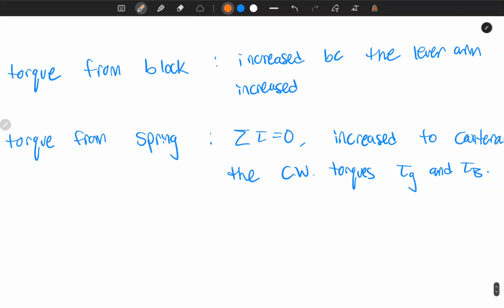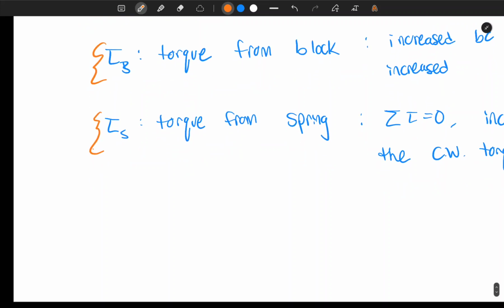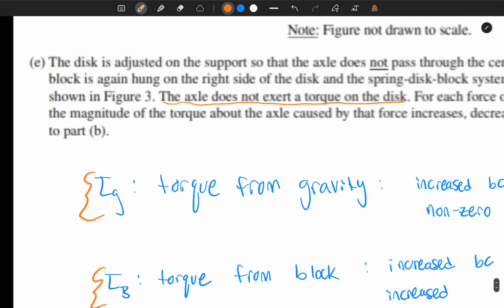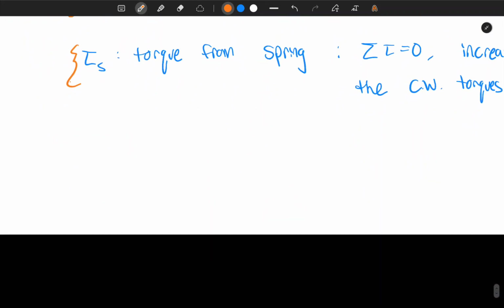So to ensure that there's no net torque, the torque from the spring has to increase. And referencing that the torque due to the force on the axle changes, or referencing any additional torques, subtracts at least 1 point from the points in this part of the problem.